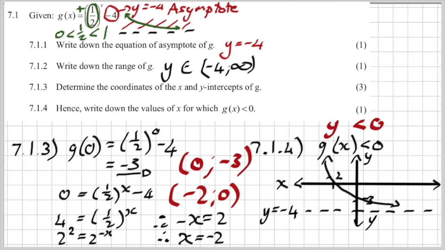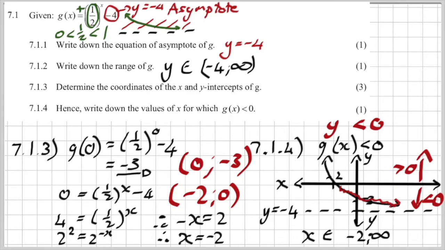Now, where are the y values negative? Remember, it's that part there, because y values being positive is above the x-axis and negative is below the x-axis. So if I want to answer this question, it is going to be from negative 2 to infinity.